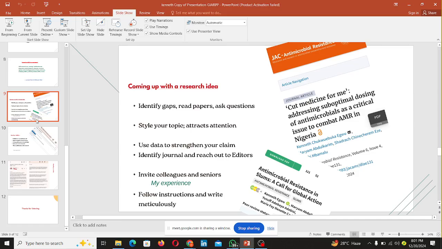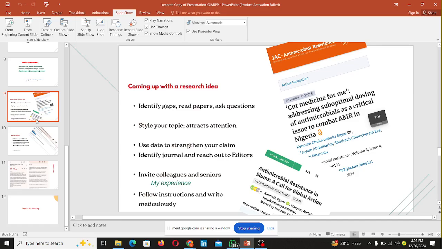You may not really be thinking of that. It may be something that you just observe from the environment. But if you come up with a particular research idea, write it down and then look for works that have been done to cover that topic, and then identify gaps in some of these published articles that you want your own paper to fill.